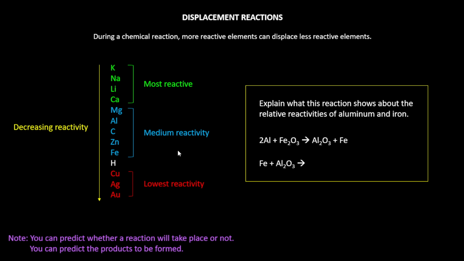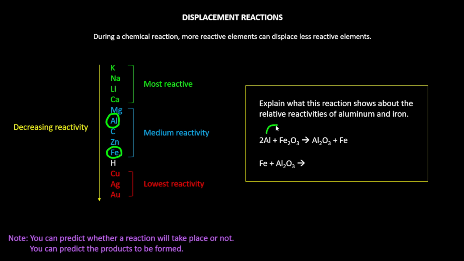All right, so based on the reactivity series you can actually predict whether a reaction will take place or not, and you can also guess the products to be formed on the right side of the equation. So let's take a look at this one. Okay, so explain what this reaction shows about the relative reactivities of aluminum and iron. Okay, so we can see that aluminum is higher than iron in the reactivity series.